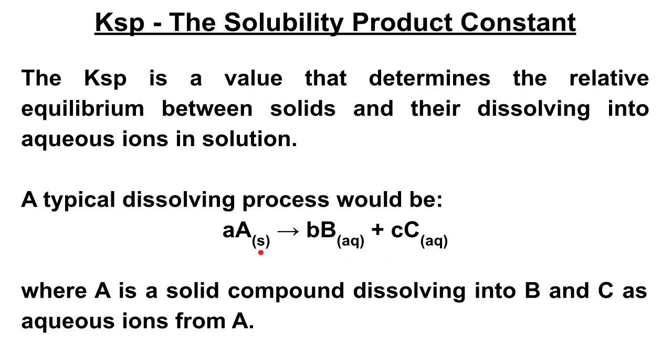Now A is solid and B and C are aqueous in this case. And the little a, little b, little c all represent the coefficients, right? The molar ratios that would go in front of that. That becomes very important when we deal with equilibrium constants. So you have A as the solid compound, it dissolves into B and C, and it forms those aqueous ions from A.